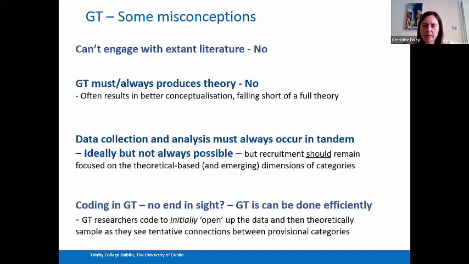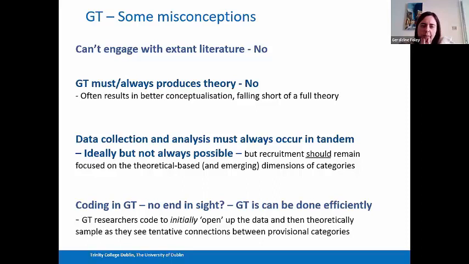There are some myths around GT, which in the open access paper there, we kind of dealt with. The traditional GT researchers often say, well, you can't engage with other literature. That's incorrect. A GT study doesn't always produce theory. That's correct. And data collection and analysis must always happen in tandem, ideally, but obviously in terms of the pragmatics of doing research, this is not always possible.